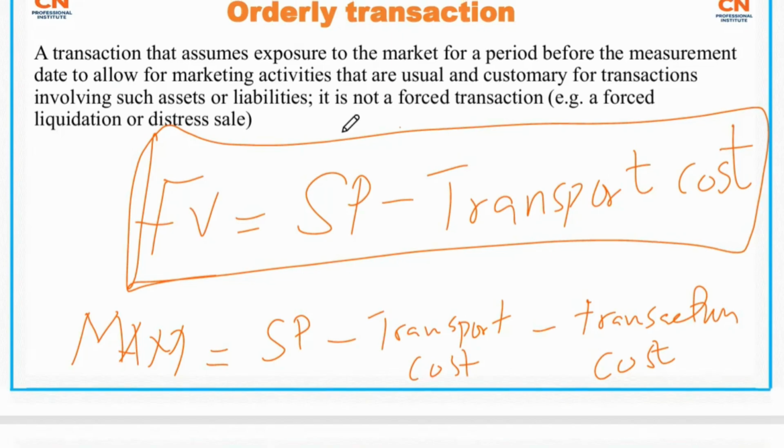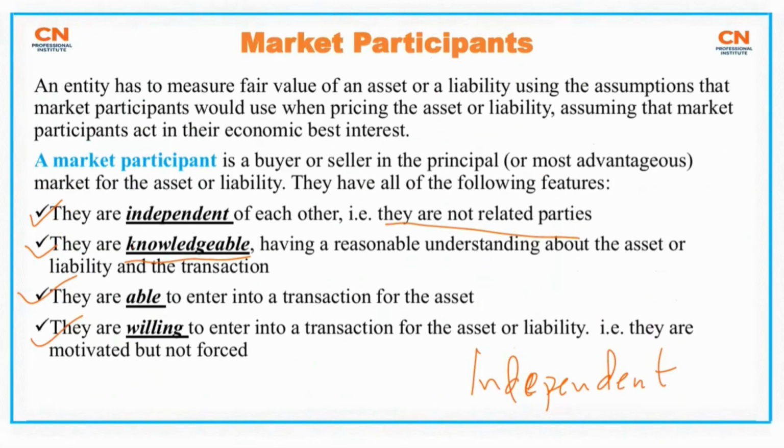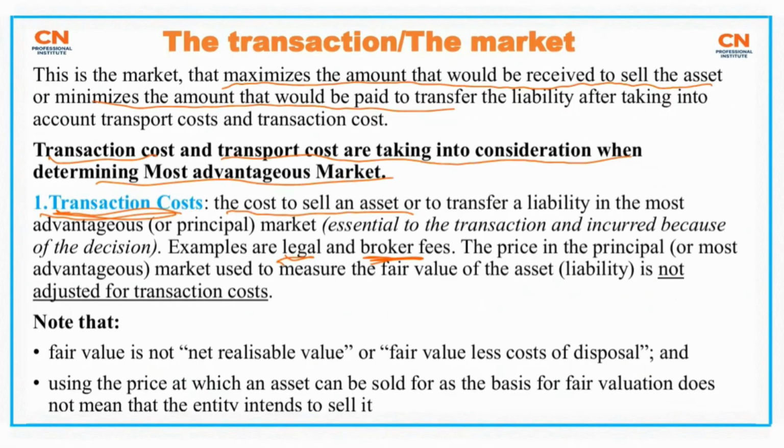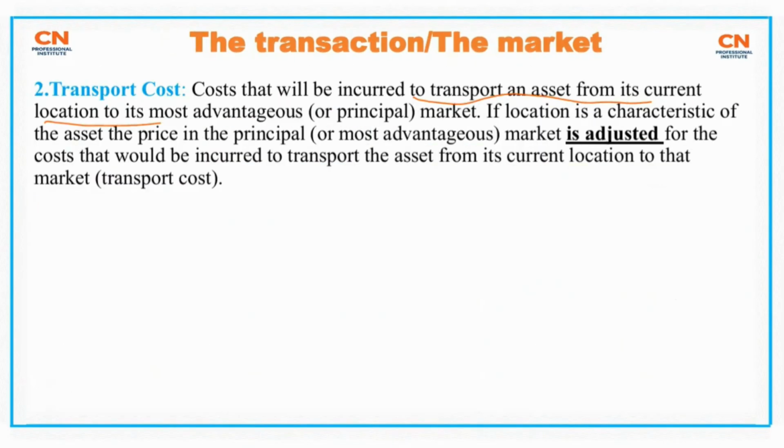So when you come to this side here, it says that if location is a characteristic of the asset, the price in the principal or the most advantageous market is adjusted for the cost that will be incurred to transport the asset from its current location to the market.